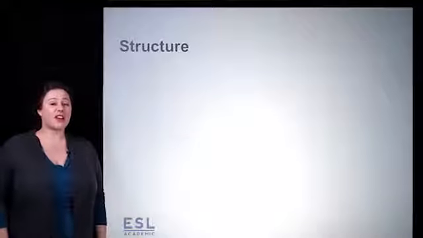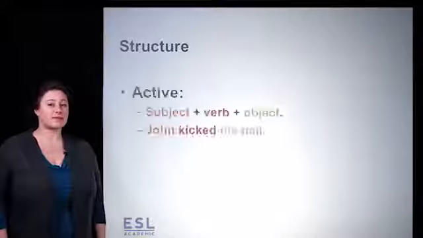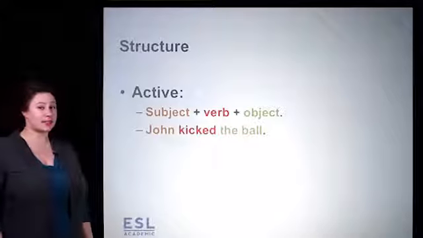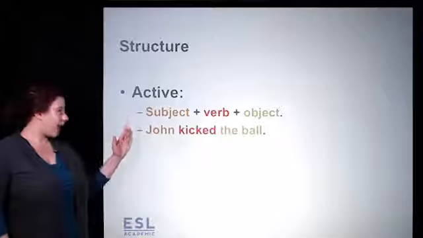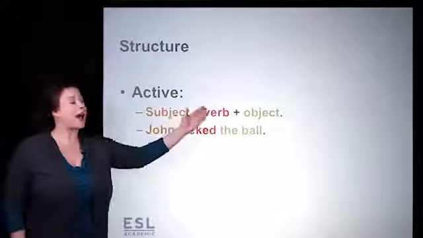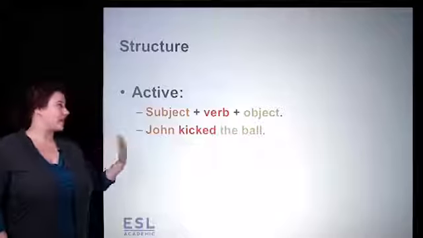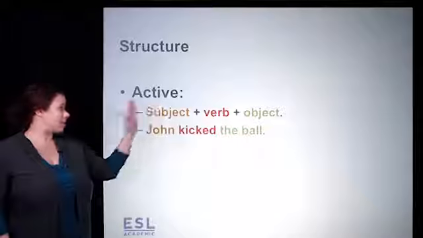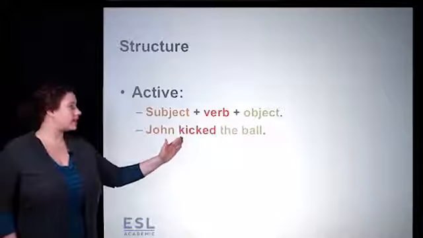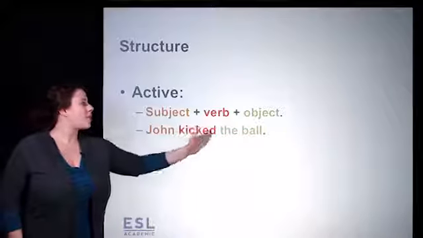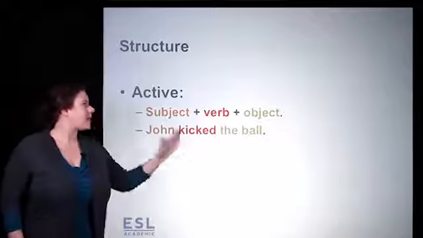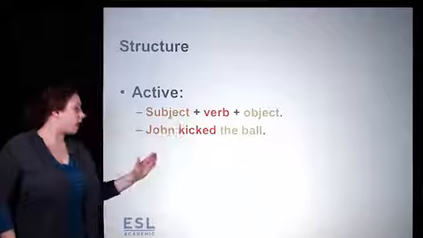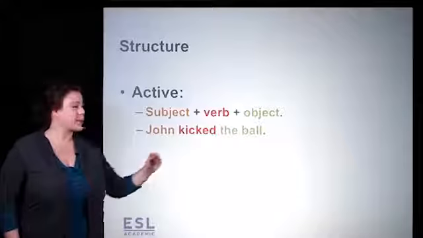Let's look at the structure of passive sentences. If we have an active sentence, we have subject, verb, and then the object. For instance, John, which is our subject, kicked, which is our verb, the ball, our object. S-V-O. John kicked the ball.